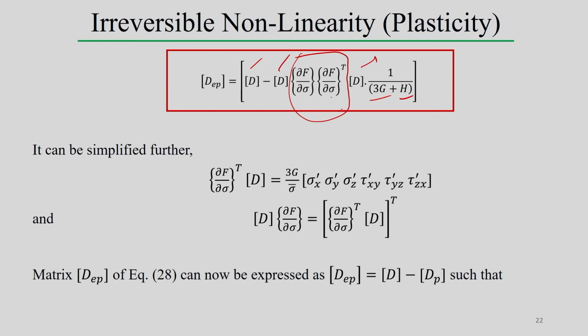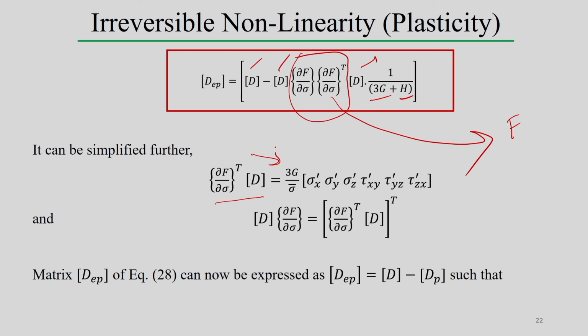So, del F by del sigma, that means in what way we can represent the yield surface, and even by considering the strain hardening effect of a particular material, accordingly the expression can be done. So, del F by del sigma can be simplified further like that, because del F by del sigma into D can be expressed this way also.